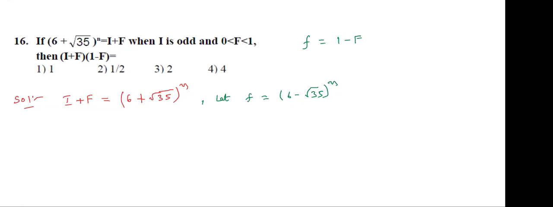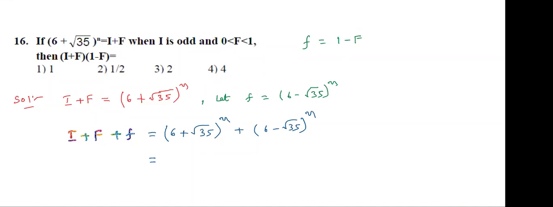How do we know that? Add these two terms, I plus capital F plus small f. So what happened, students? See here, 6 plus root 35 whole power n plus 6 minus root 35 whole power n. Some of the terms cancel or not?